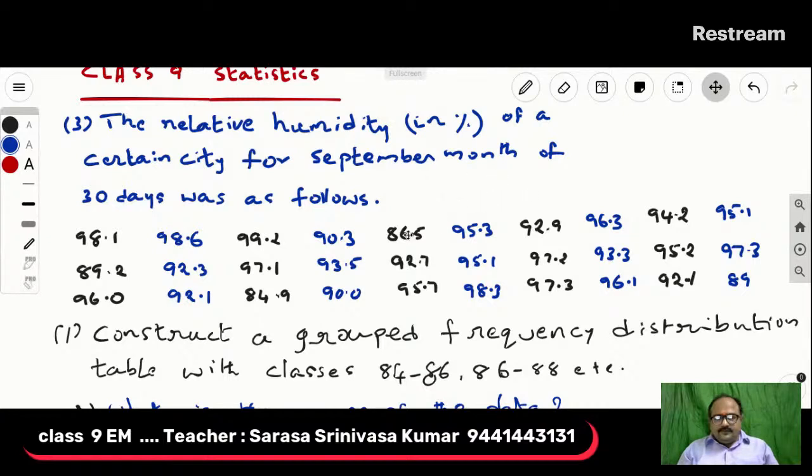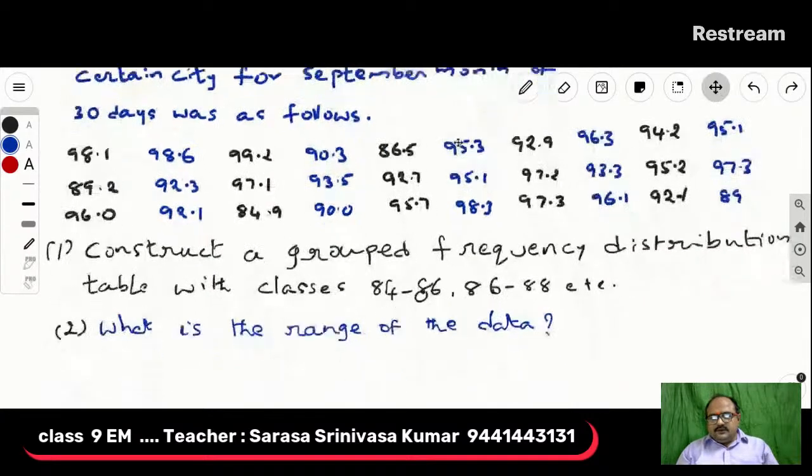Using these 30 observations, we have to construct a grouped frequency distribution table with the class intervals 84 to 86, 86 to 88, etc. Next, we have to find the range of the given data. Now, let us note down the frequency distribution table.